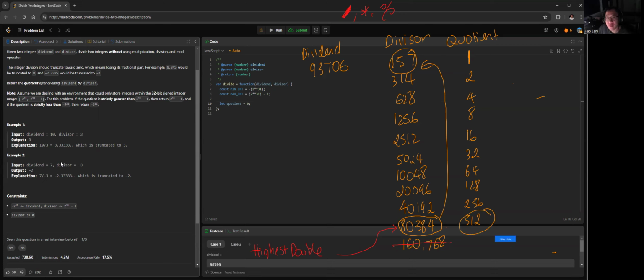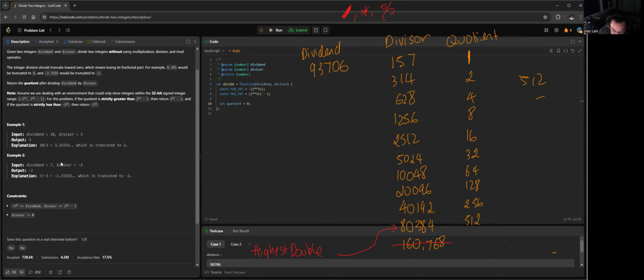Again, we will have exactly 512 if we were to divide this number by 157, which is our result, 512. And then we can take the remaining. So if we have 512 here, we already have the result.